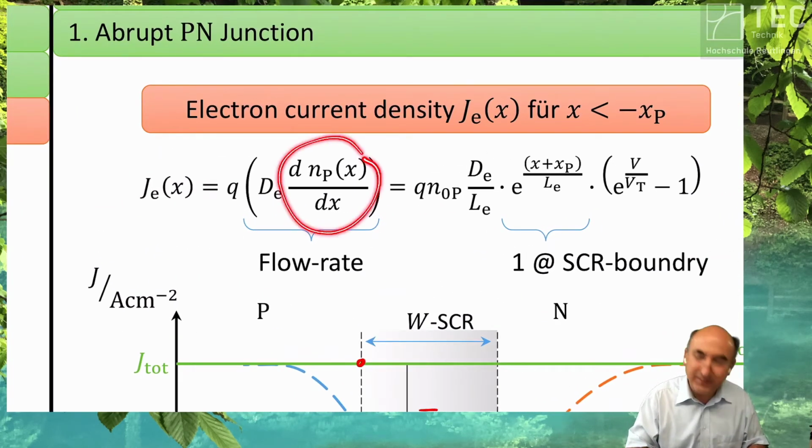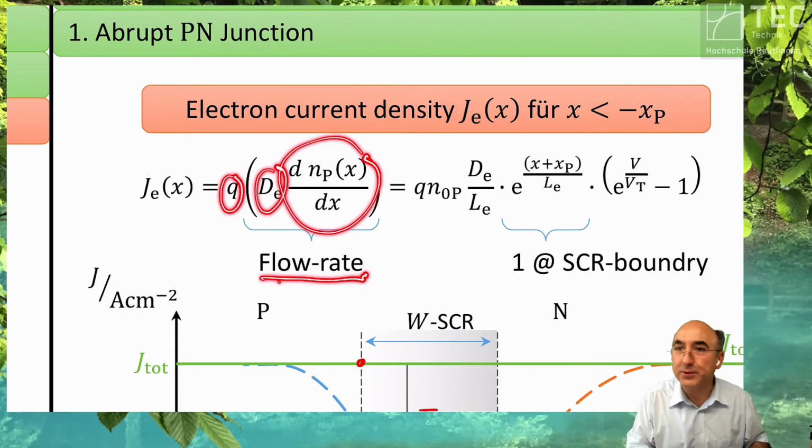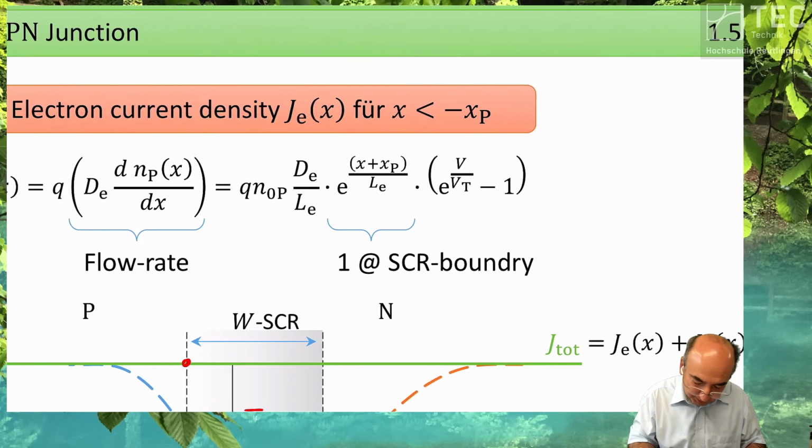The first derivative of the concentration times the diffusion constant is the flow. Flow of electrons. And this is the current. That's all. And the same is valid for the holes.